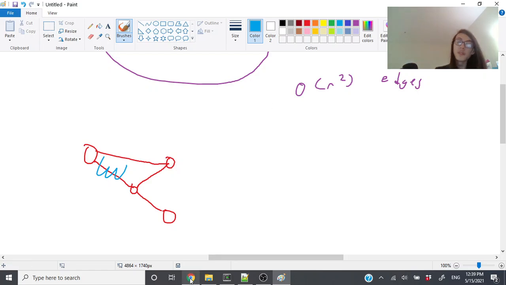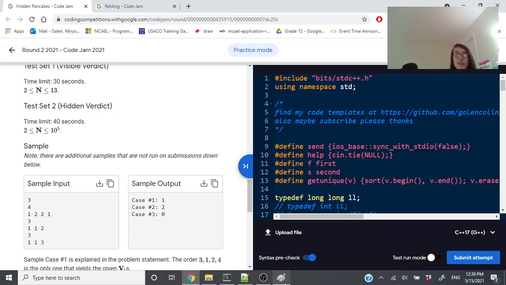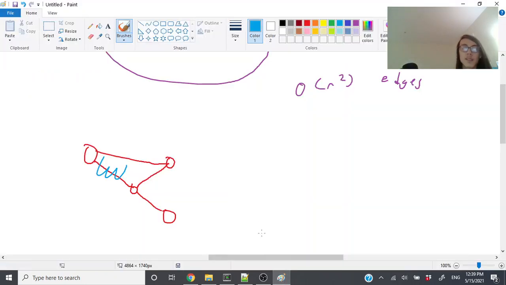So it ends up being equivalent to building a tree where every element's parent in the tree is the largest element.